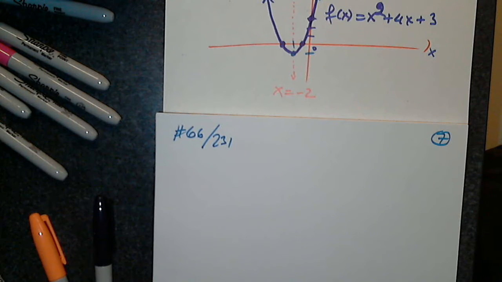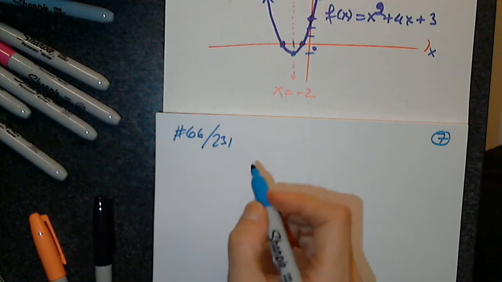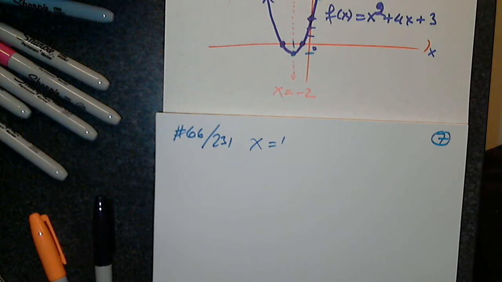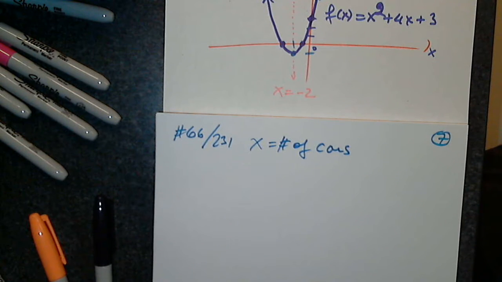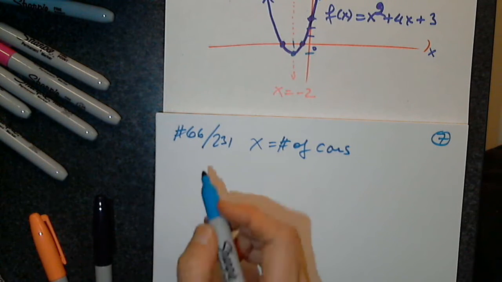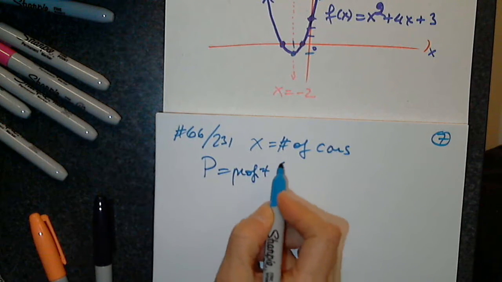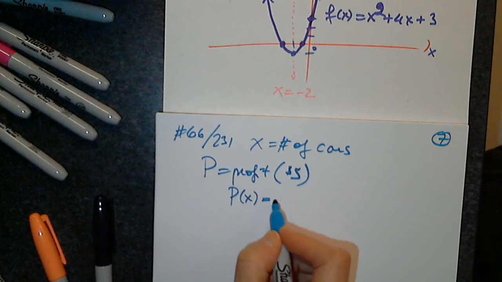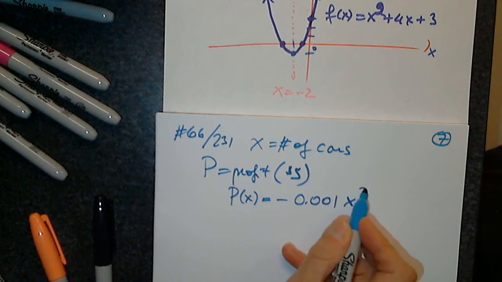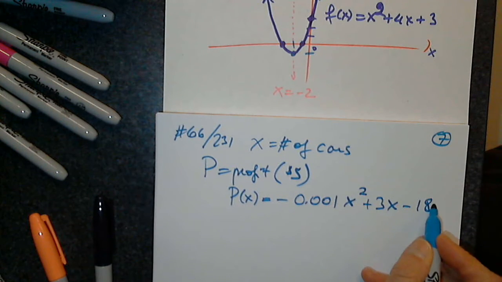A soft drink vendor at a popular beach analyzes his sales records and finds that if he sells x cans of soda pop in one day, x, when I read, I take notes, number of cans sold, his profit in dollars, P, profit in dollars, is P of x equals negative 0.001x squared plus 3x minus 1800.